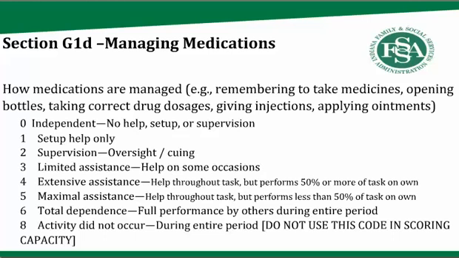Total dependence: full performance of the activity is done by someone else during the entire period, so within that 3-day window that you're looking at, the activity did not occur by the person. So this is during the last 3 days. And of course, when you're scoring capacity, you're making a judgment call on if they could do it. So you can't use this code, but for performance, you most certainly would.